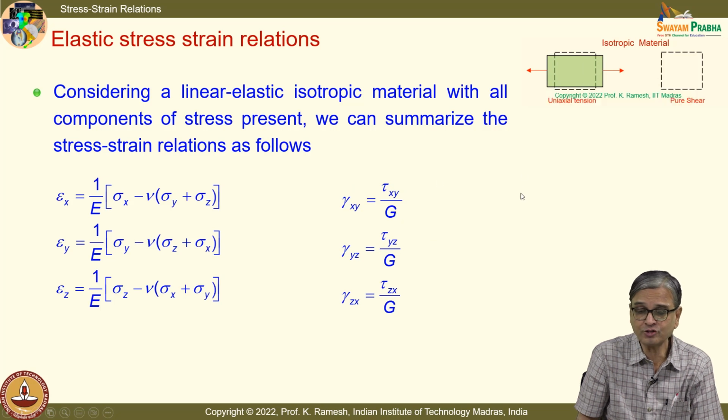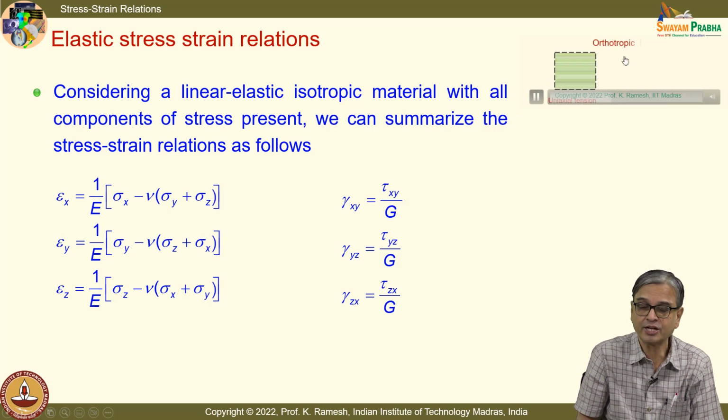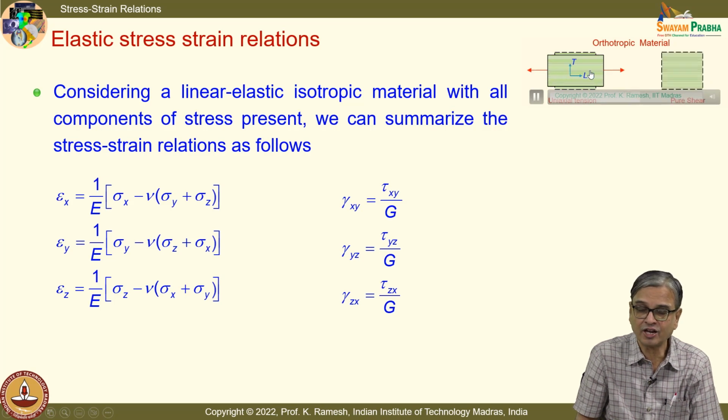And what happens in an isotropic material? When I apply tension, it elongates. When I apply shear, it gets deformed. Suppose I go to an orthotropic material and I call this the L direction and T direction, it gets elongated. It also behaves like an isotropic material in these two directions.